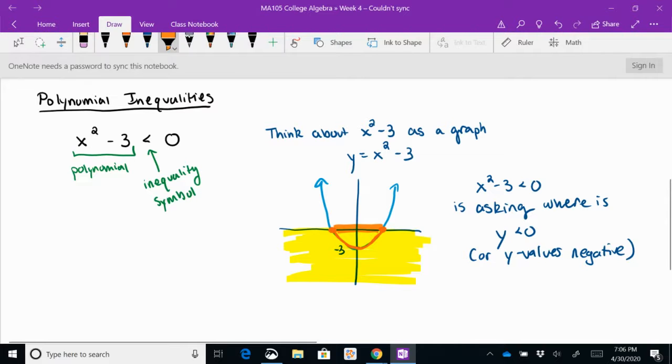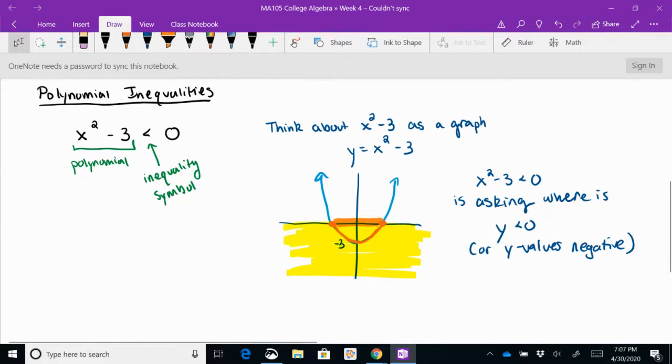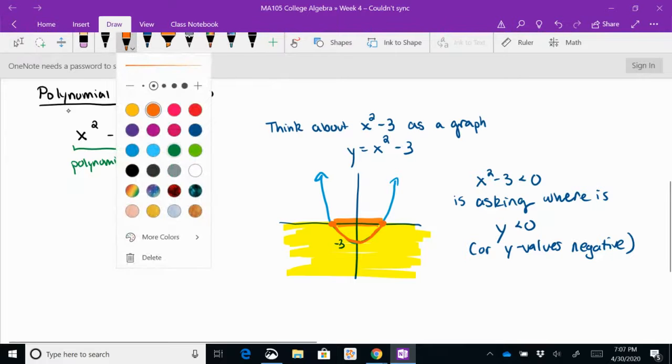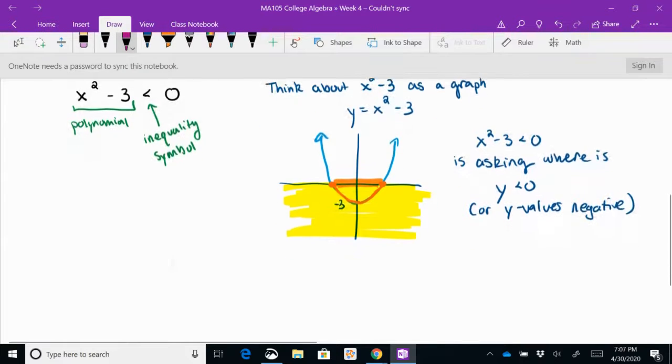So for this particular example, in order to solve a polynomial inequality, we generally will factor if possible. And if we can't factor, then we use the quadratic formula. So our step 1 is first try to factor.